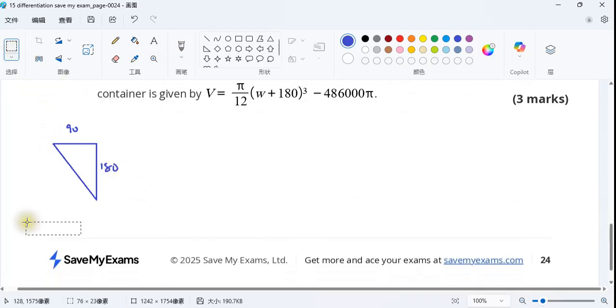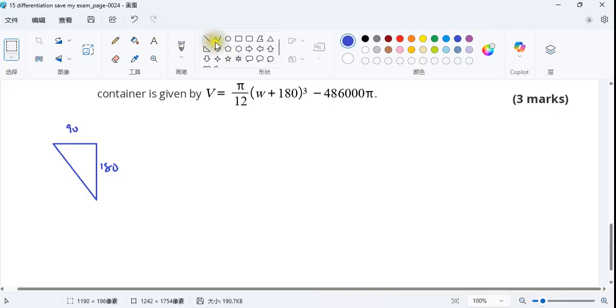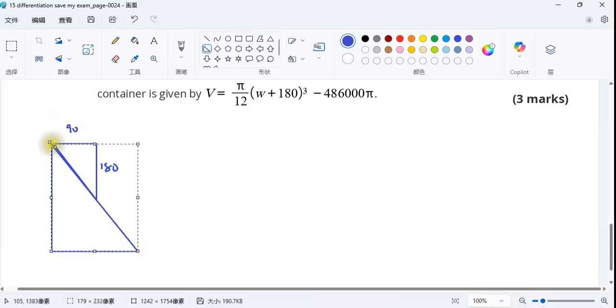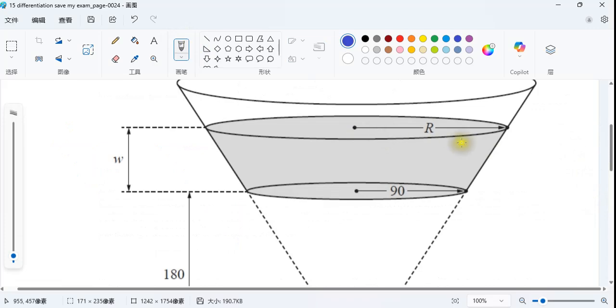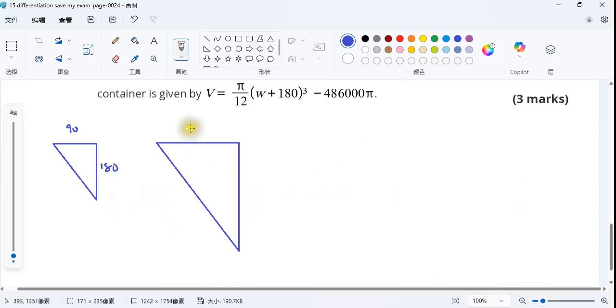Then we will have another, bigger one, with the radius r and height 180 plus w.